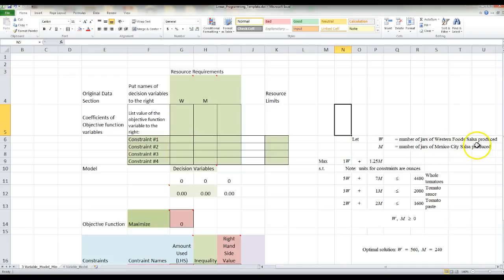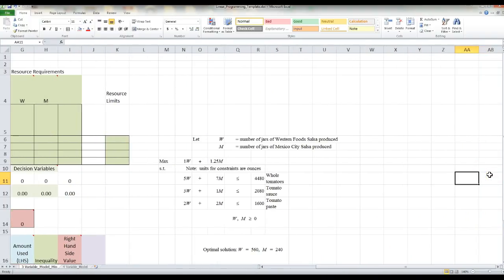So the scenario is we have a salsa manufacturer. They produce two brands of salsa, Western Food Salsa and Mexico City Salsa. I'll move this over so you can see it better. And they want to know how many jars of each brand of salsa they should produce in order to maximize their profit.